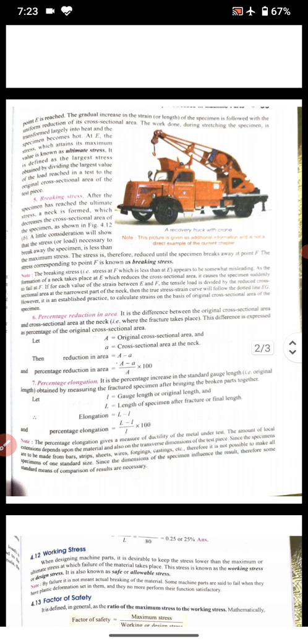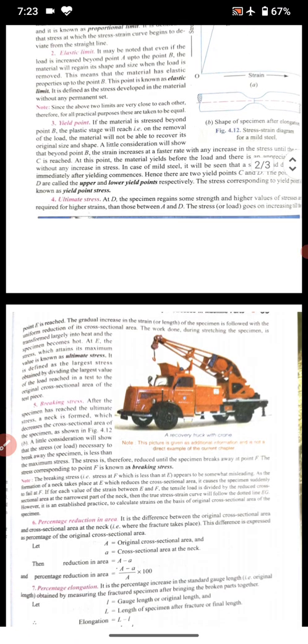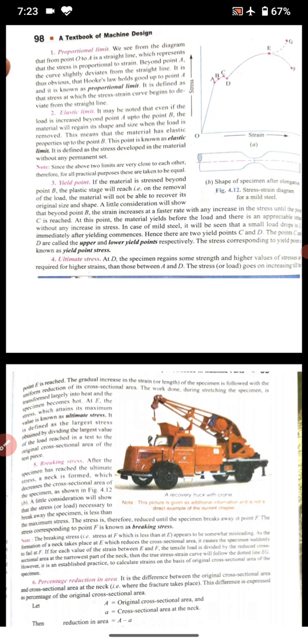So the length of the dog bone, that is in between the two broad areas, and the diameter of the neck, have a common ratio, that is the L upon T ratio.